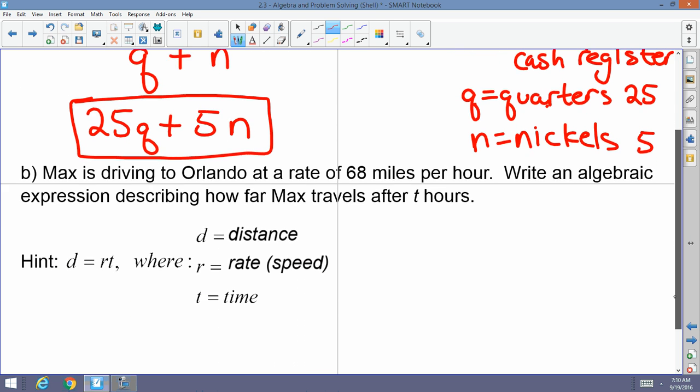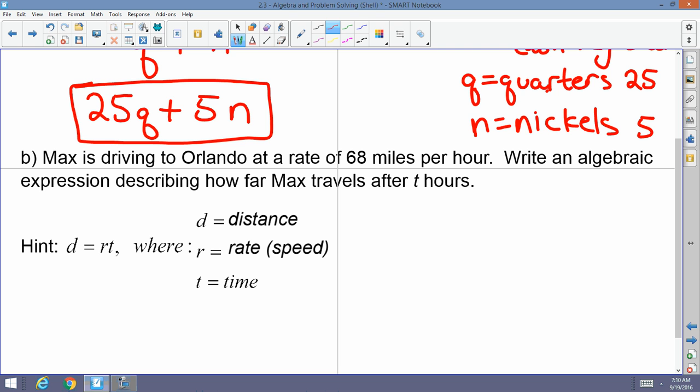Okay, Max is driving to Orlando at a rate of 68 miles per hour. Write an algebraic expression describing how far Max travels after T hours. Okay, give you a little hint here. D equals RT is a very important formula you want to learn.